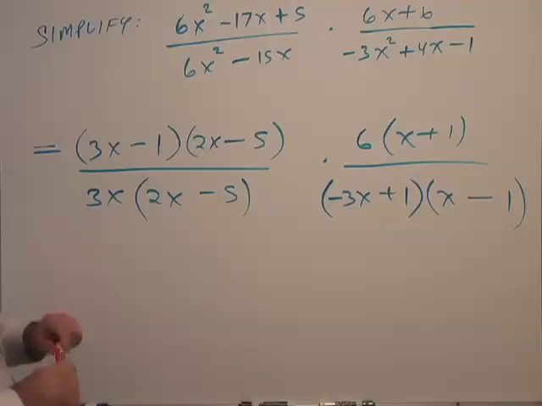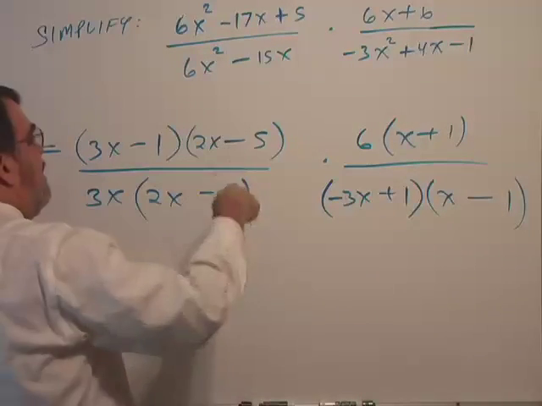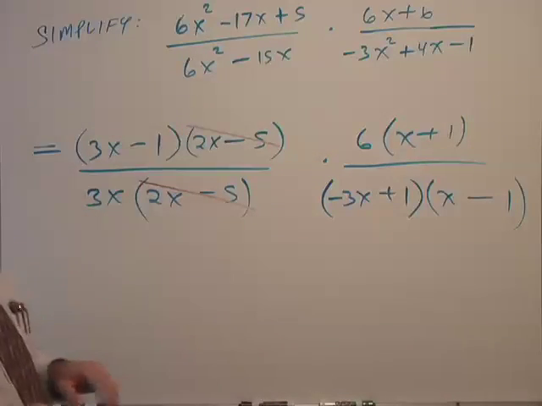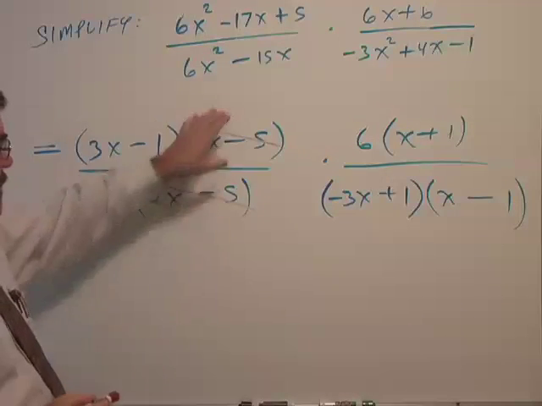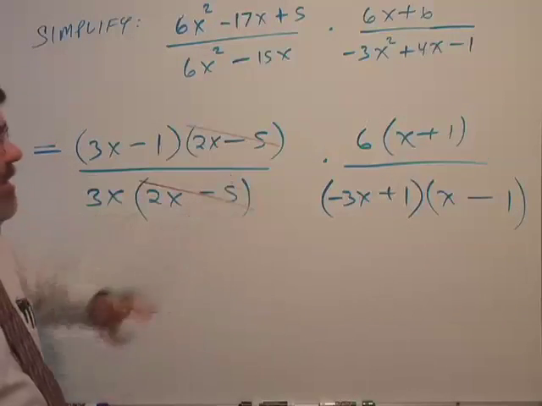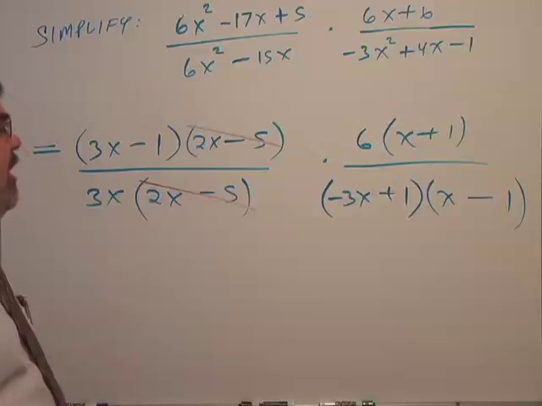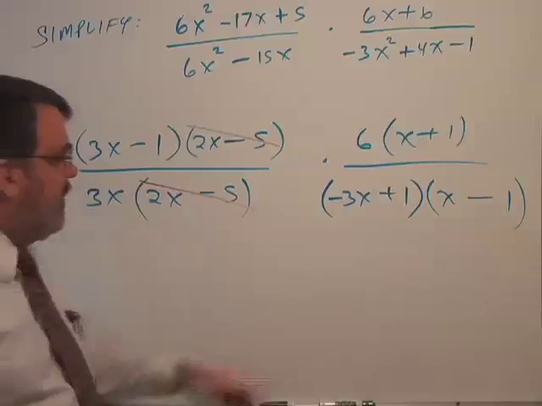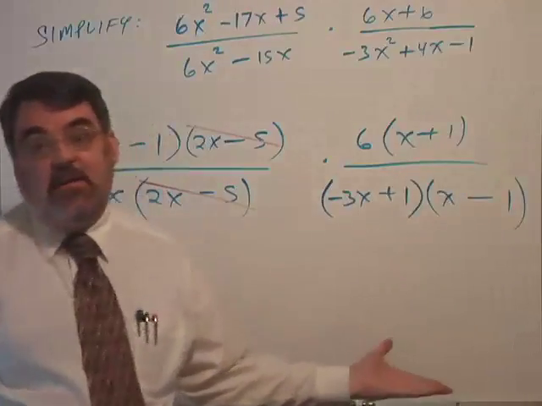Alright, so let's see what we got here. We can cancel 2x minus 5. Now, I'm not cross-canceling, but it doesn't matter. I'm simplifying this fraction. As long as you cancel something on top with something identical down below, you're okay. Now what else can we do? x plus 1 and x minus 1 will not cancel.